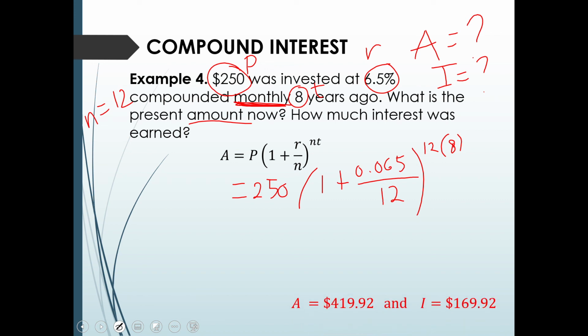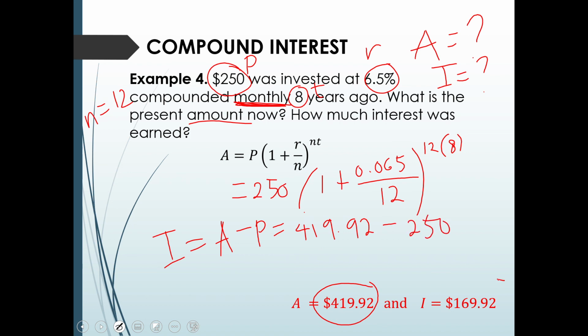So you will get $419.92. Now to get the value of your I, remember I is the accumulated amount minus the principal. So the accumulated amount is 419.92 minus the principal, which is 250. So you will get the value of I.